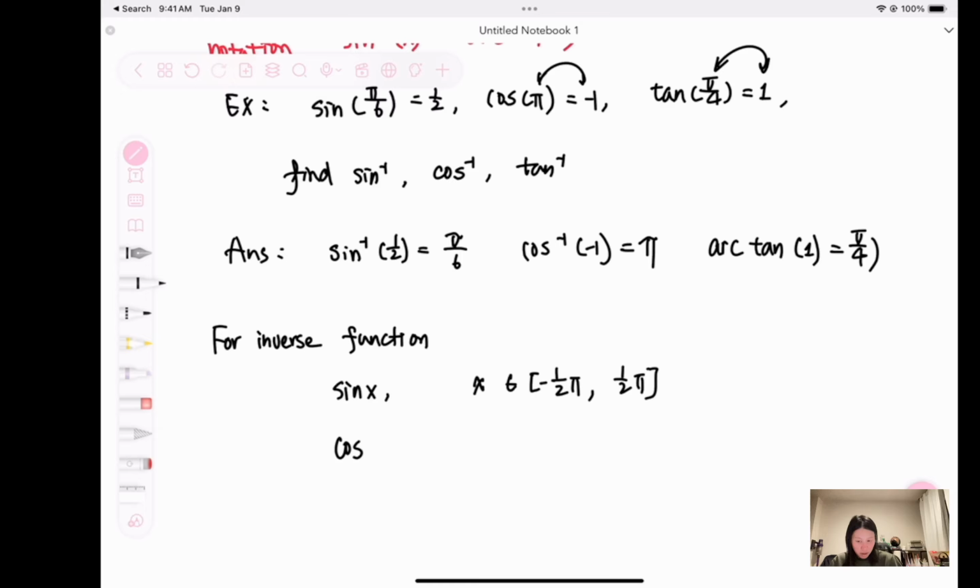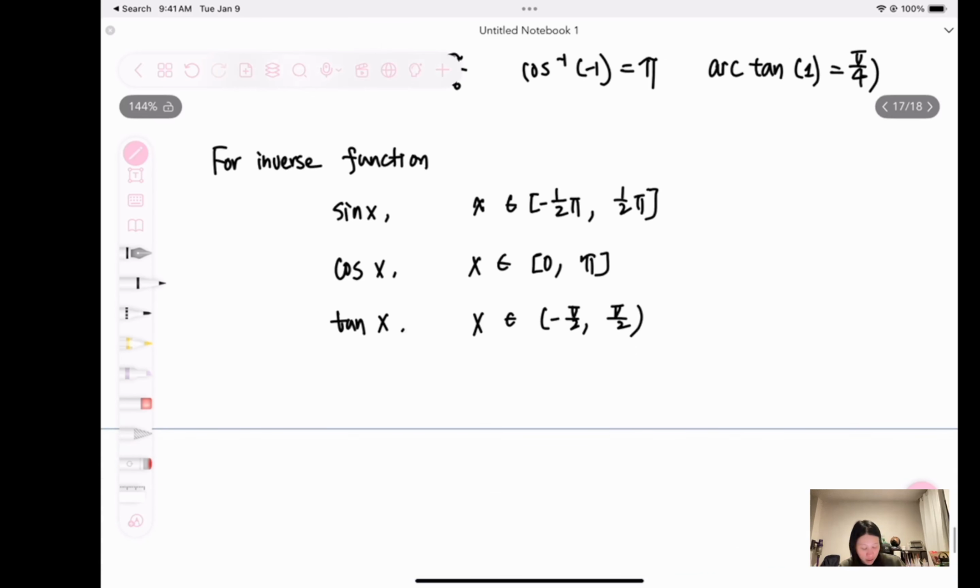For cosine, it has to be restricted from 0 to pi, and for tangent, it has to be restricted from -1/2 pi to 1/2 pi. I'm going to explain to you why that is.